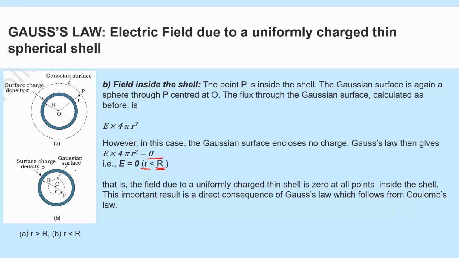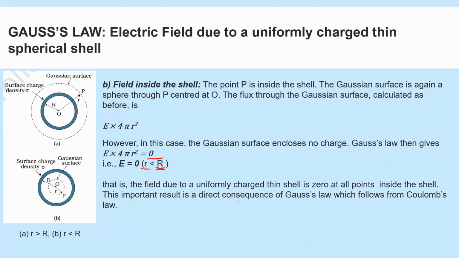Most of the charge is concentrated on the surface of the shell, and because of that any Gaussian surface considered inside this shell is not going to have any charge, and that is why there is no electric field.